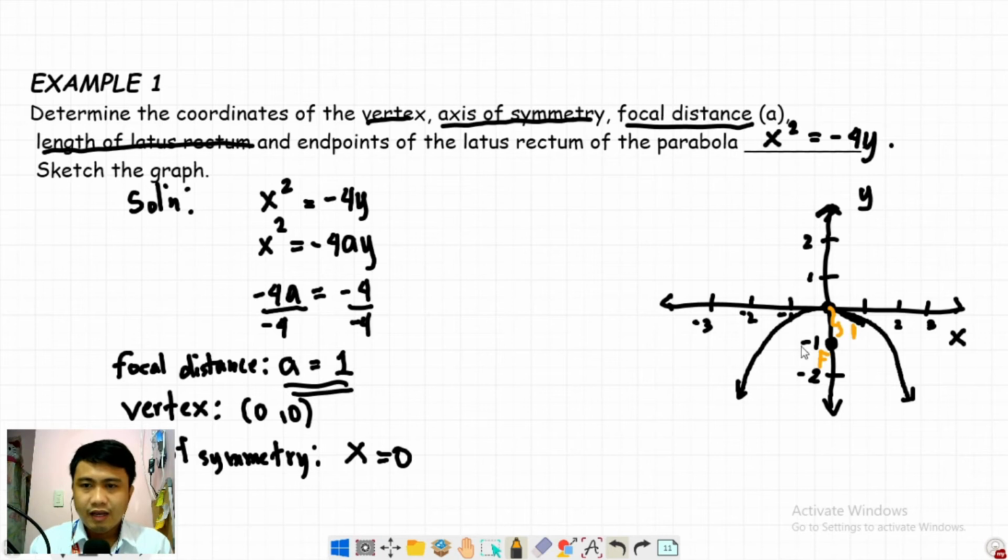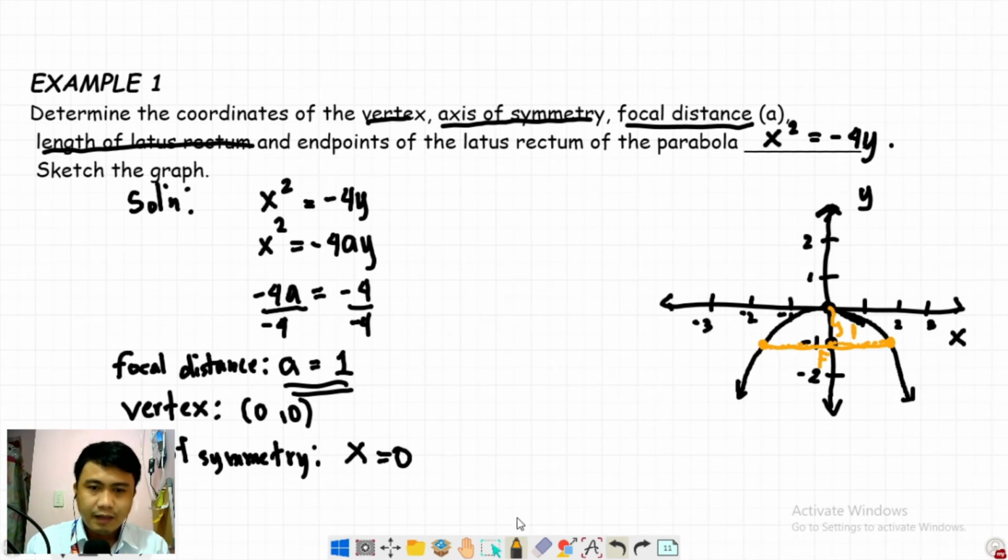Now, if we're going to get the line segment joining the two endpoints of the parabola that, of course, passes through the focus, ang tawag dito is the latus rectum. Ang tanong, what is the length of the latus rectum?